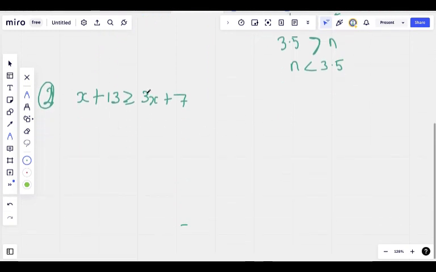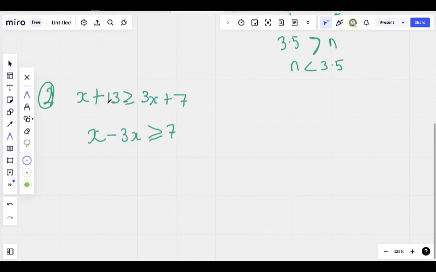Now, like we said, collect like terms. If I bring 3x to the left side, it becomes negative, so it becomes x minus 3x, greater than or equal to 7. Ordinary numbers should go to one side, numbers with letters on the other.